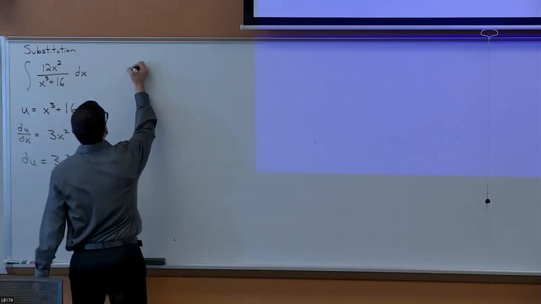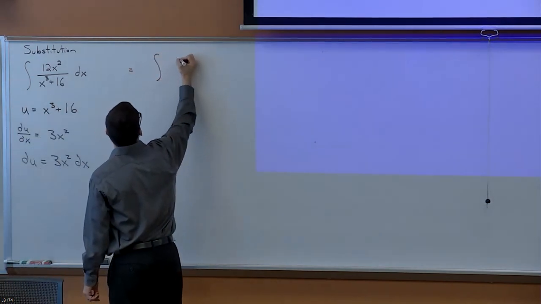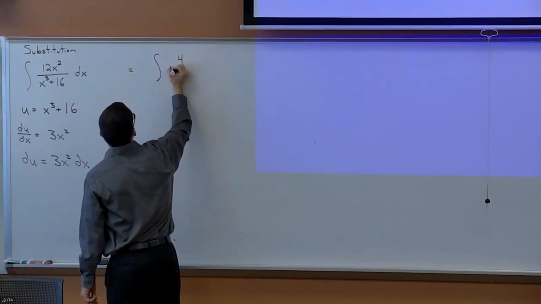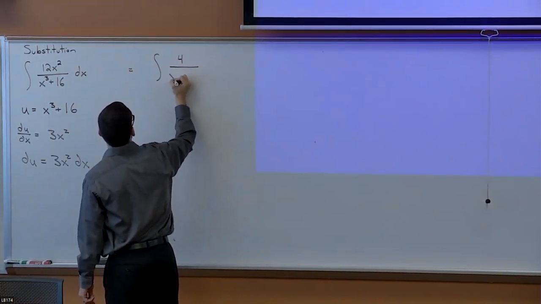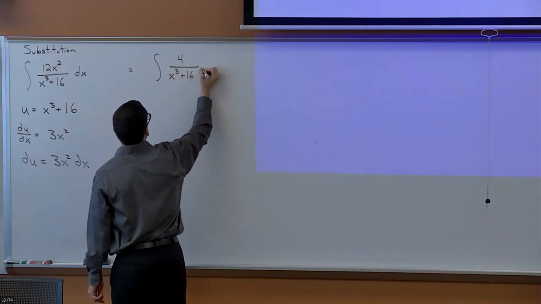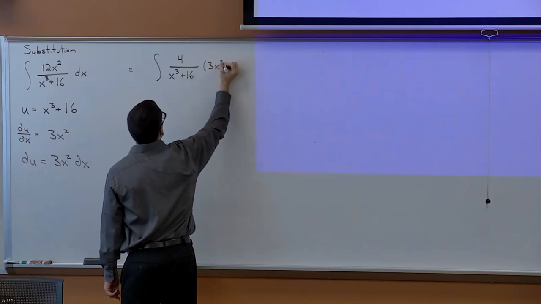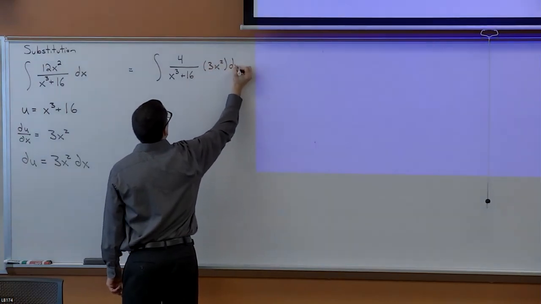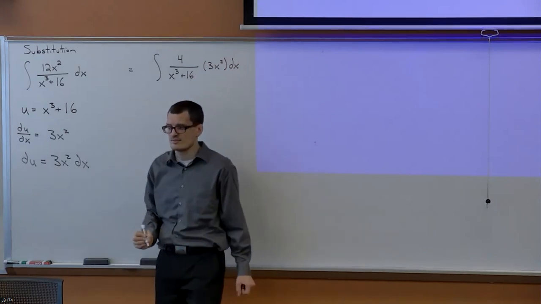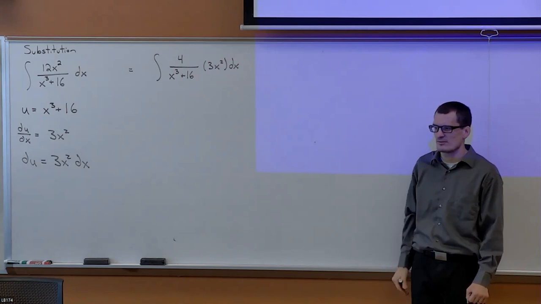So I can rewrite this as 4 over x to the third plus 16 times 3x squared dx. Everybody okay with that factor out of 3x squared?